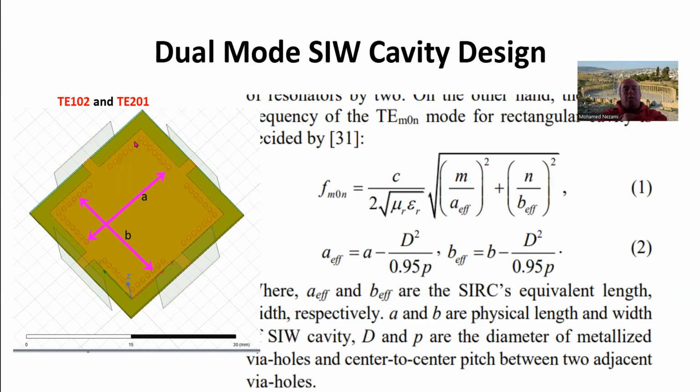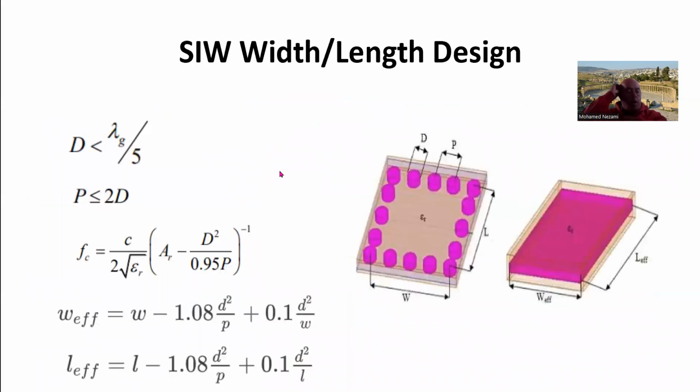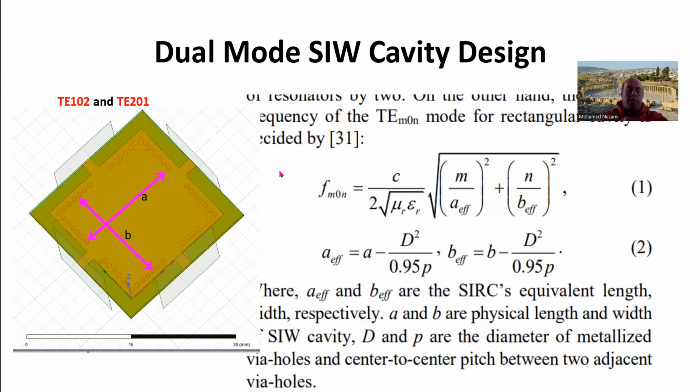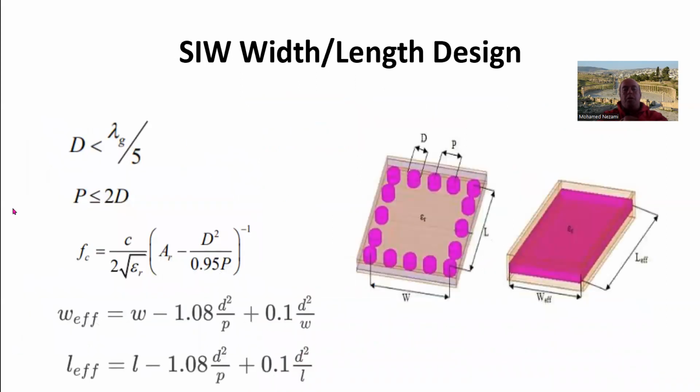All right, so let's go ahead and look at this design. At the beginning, you would want the A and B to start with. You want the A, B, the diameter, and the spacing between the vias, which is P in this case. These are known equations, and we have covered them in the SIW filter.